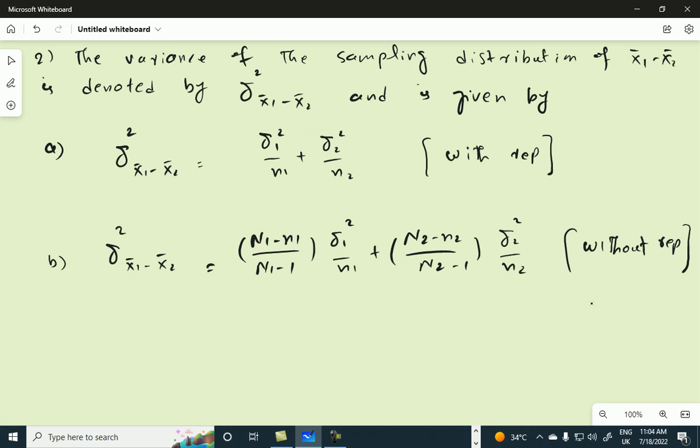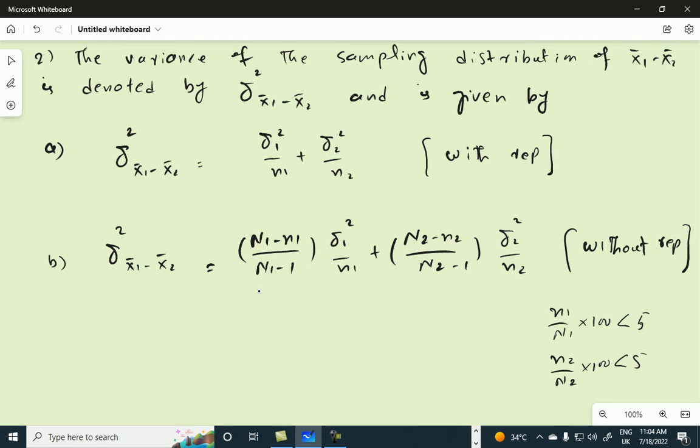You can calculate n1 divided by N1 into 100. If it is less than 5, and n2 divided by N2 into 100 is also less than 5, you can skip these finite population correction factors. However, if it is equal to or greater than 5, you should include it, right?